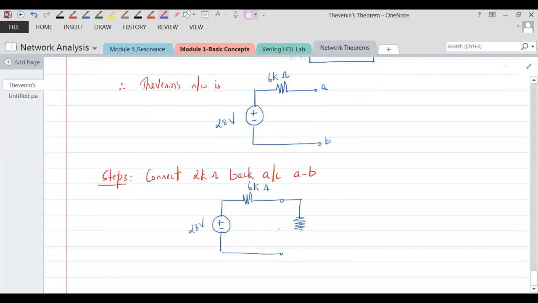Okay, so bring that 2 kilo ohms, and what they've asked us to find out across 2 kilo ohms. See there, what they've asked us to find out the voltage V naught. Okay, so that voltage V naught needs to be found out. Right, this is A, this is B, so V naught is here. You can say this.